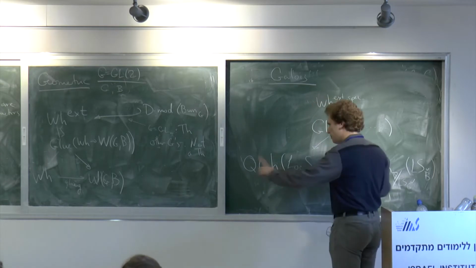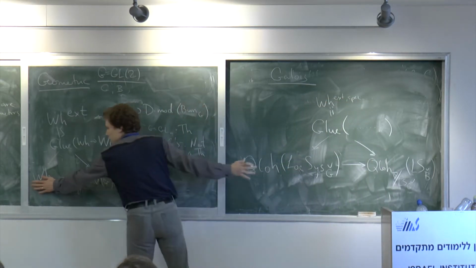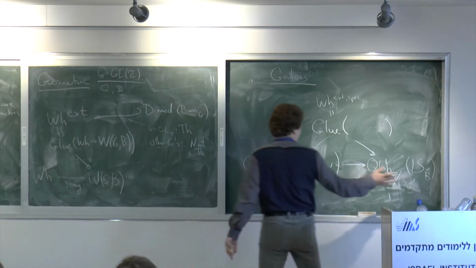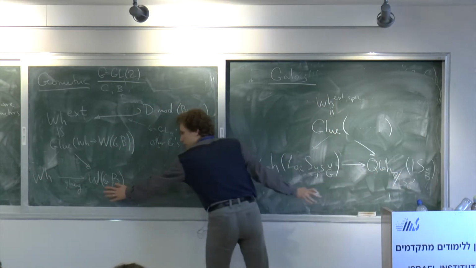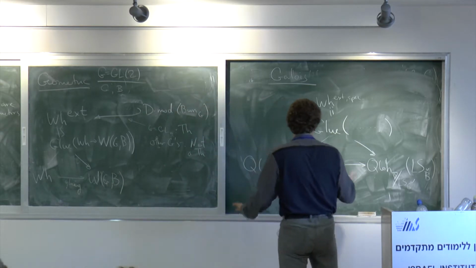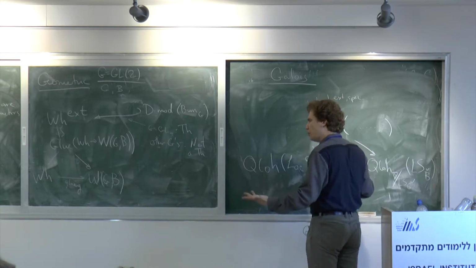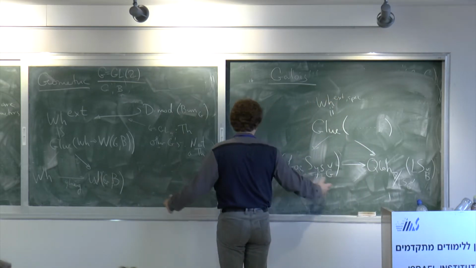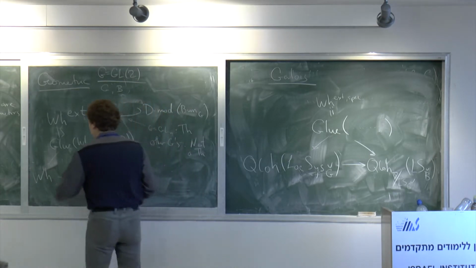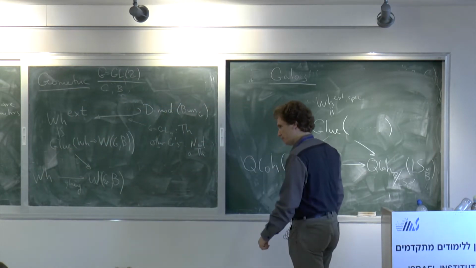So the individual categories already appeared. It was discussed how this category embeds into Whittaker and how this category embeds into the degenerate Whittaker. So my point is to say that in order to construct the gluing, all you need to know is that these embeddings are compatible with the gluing functor.